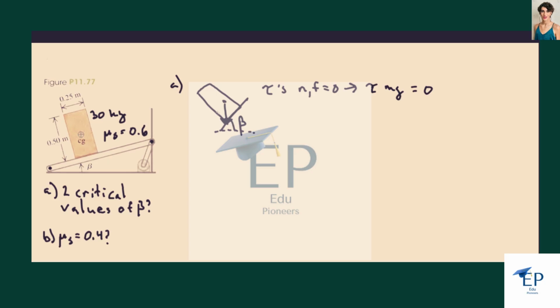And so beta will also be here. And here we have 0.125 meters.